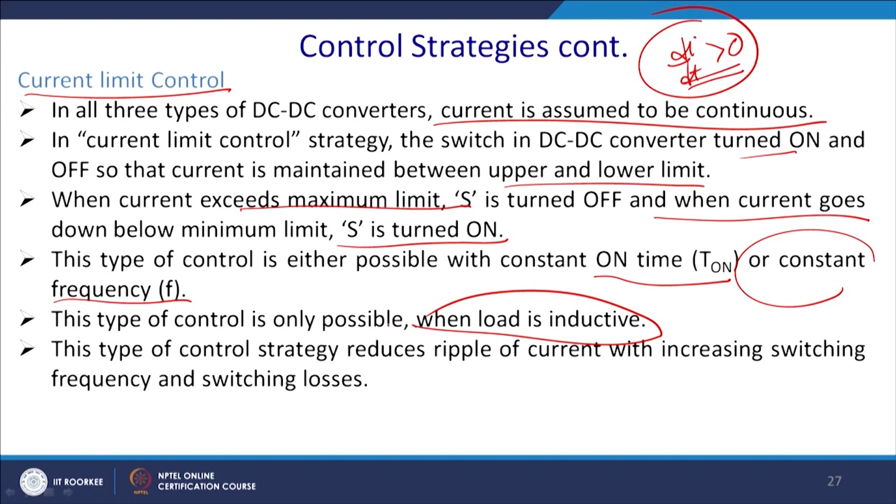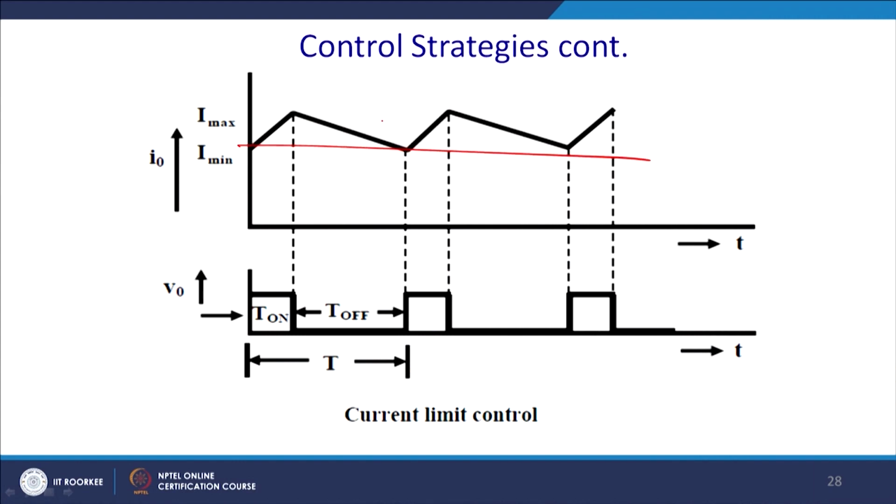This control strategy reduces the ripple current, at the cost of increasing the switching frequency and the switching losses. So, ultimately you will restrict the inductor current IL to a band between I min and I max. T on will be there when it ramps on. Once it hits I max, again it will come down, and it will continuously follow like this.